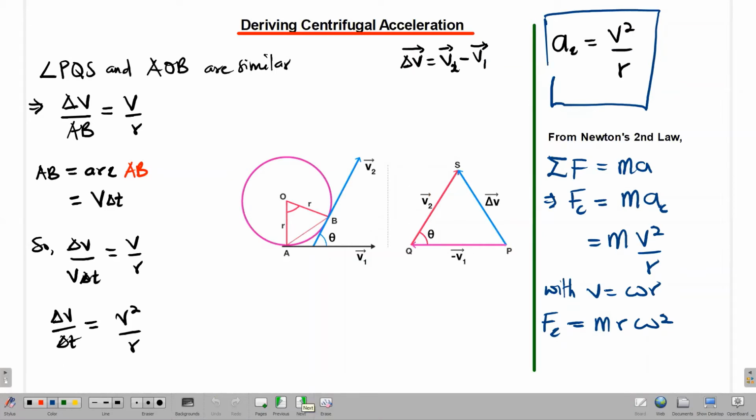Now, consider a car which was at, say, position A here, and then moved to position B. When it was at position A, it had the velocity vector v1, and when it moved to position B, it has the velocity vector v2.